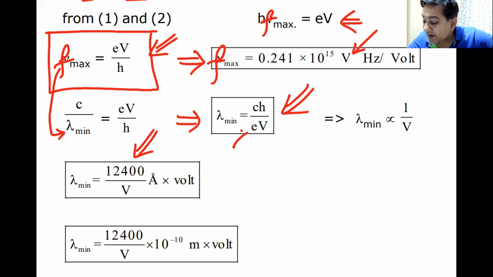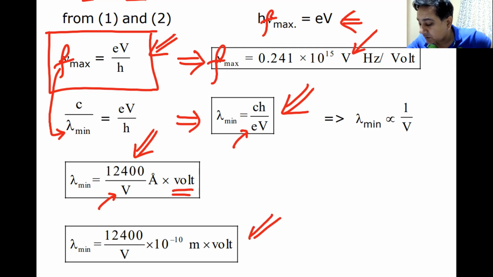Here it is also divided by e, so now it is not in electron volts, it is in Angstrom volts. Here V is the voltage. So now I get that famous formula back again, 12,400. Energy was 12,400 divided by lambda in Angstrom units. You get the energy in electron volts. Now you are getting lambda from there, and that is how 12,400 comes back.